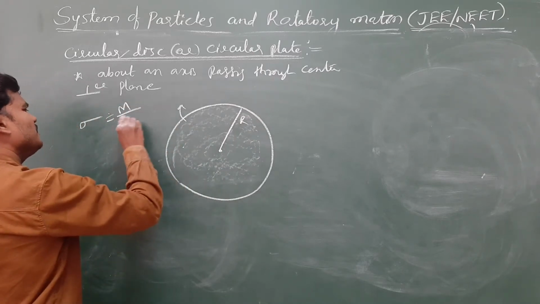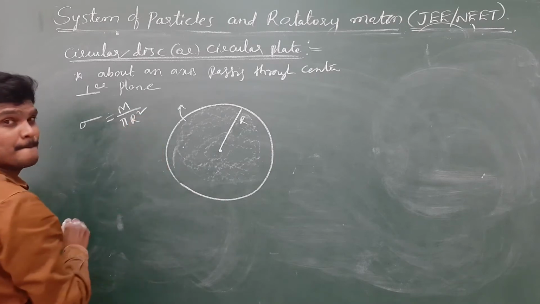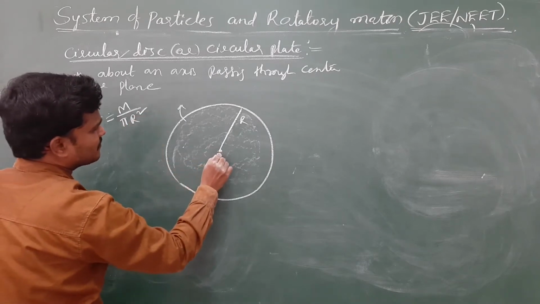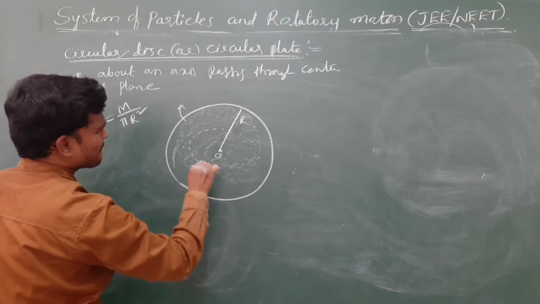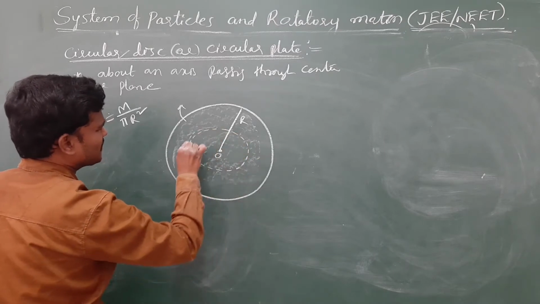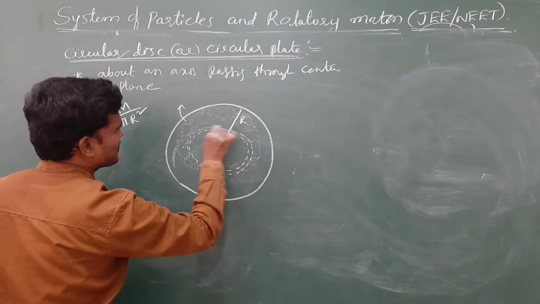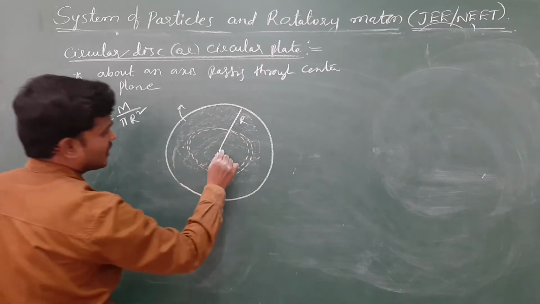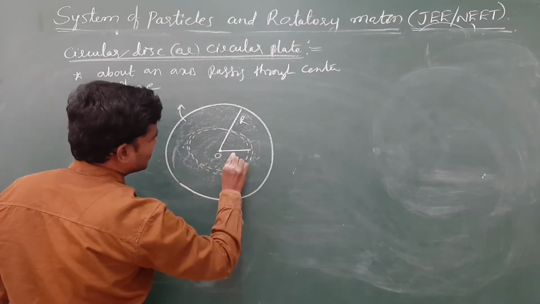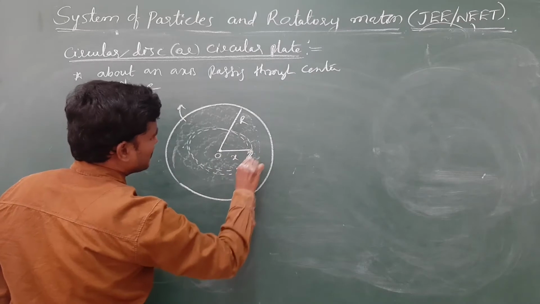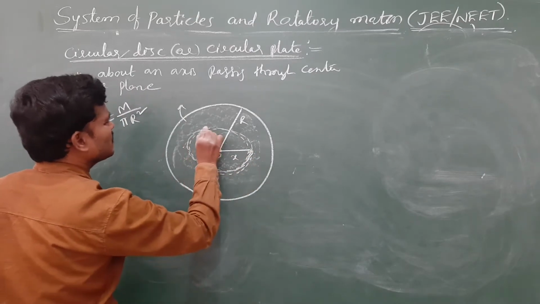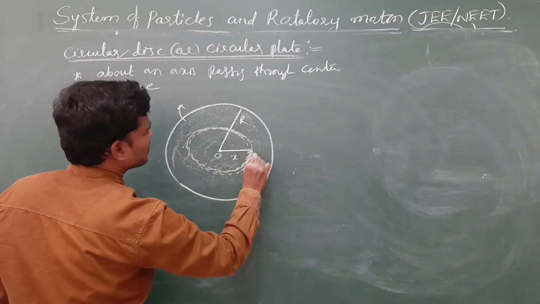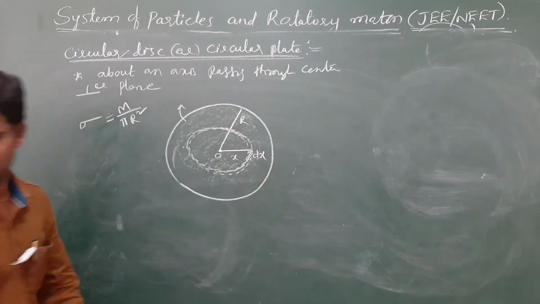Area is pi r square. If I take any small part from this center, take a small part. See, this is the small part. I am taking it at a distance of some x. Take a small part whose thickness is dx.